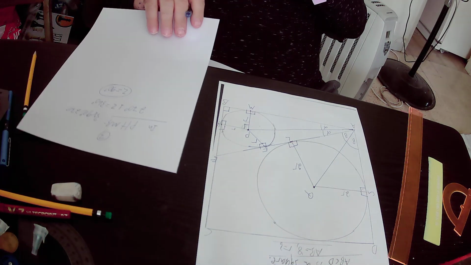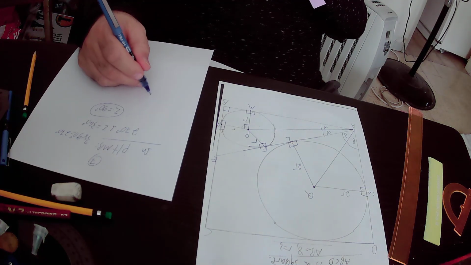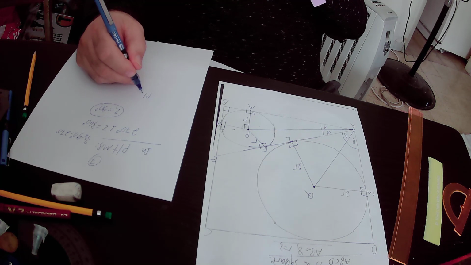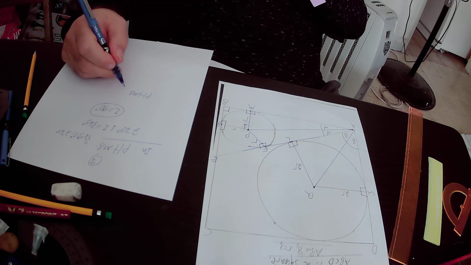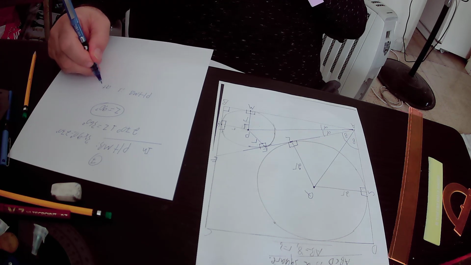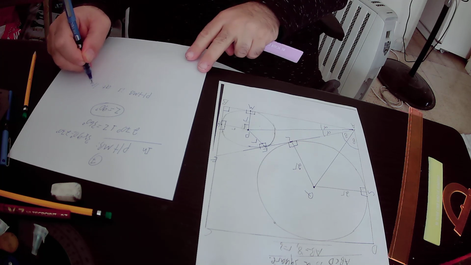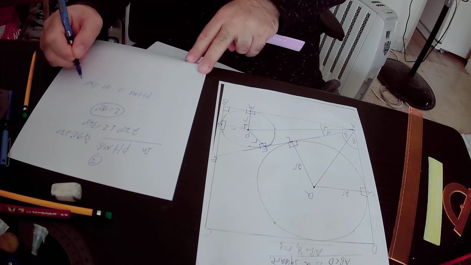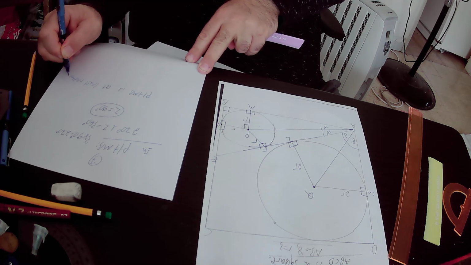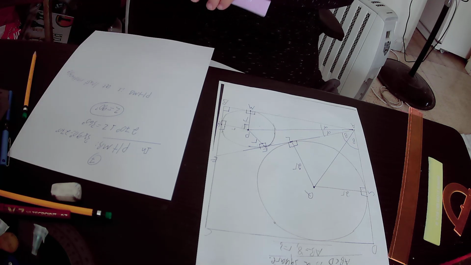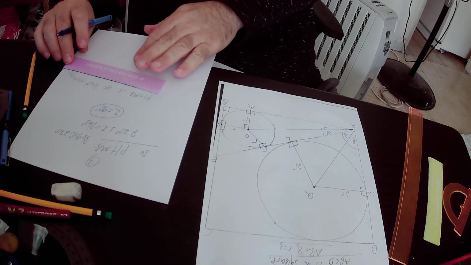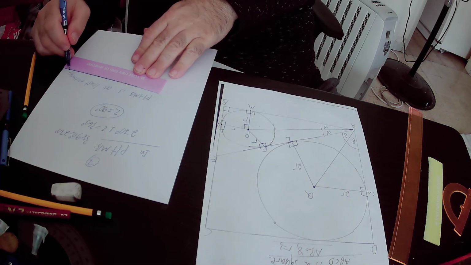So quadrilateral PHMB is at least a rectangle. Any quadrilateral that has four right angles must be at least a rectangle, if not a square.